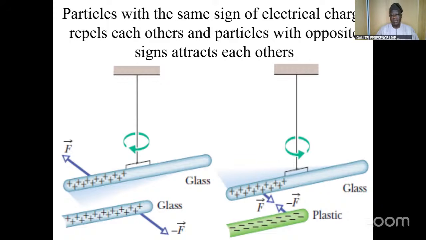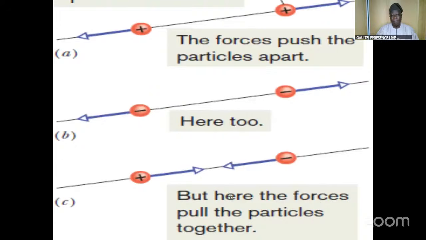Now we'll move to the next slide. If you look at this diagram, it's a bit different from what we have just discussed. In the first figure A, you can see the forces push the particles apart. We are just looking at positive and positive material being brought together.